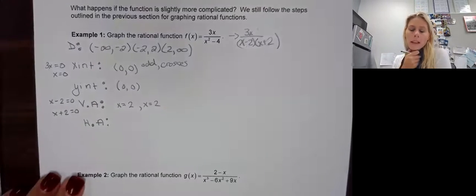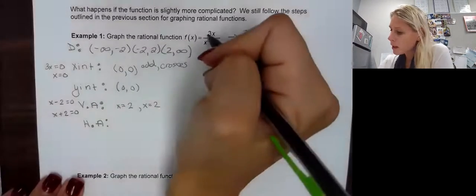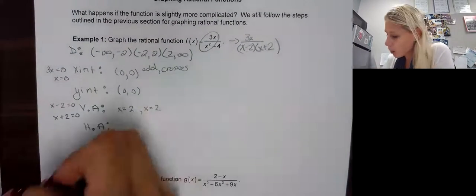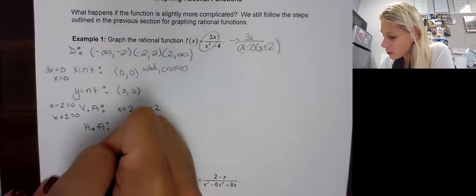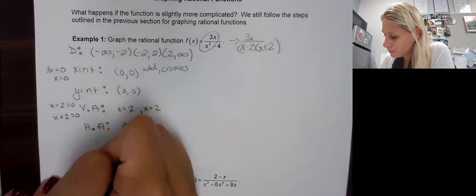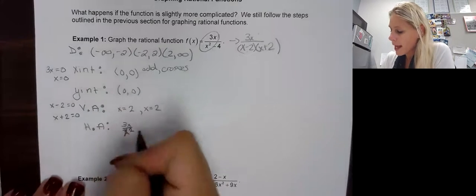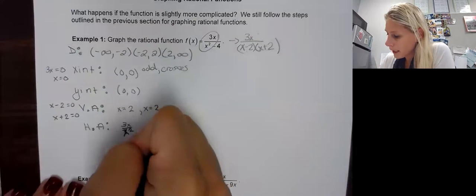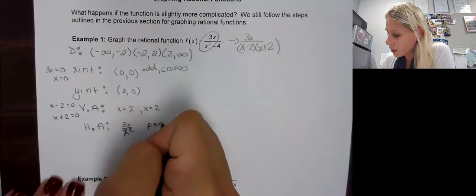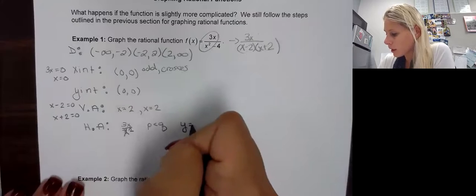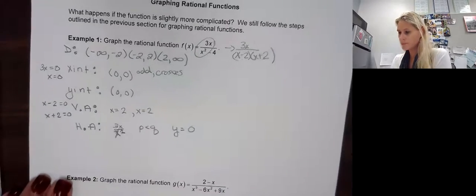Now, if we go back to the original problem, I look at my leading term, which is 3x over x squared. And in this case, our P is less than Q. So that means we have a horizontal asymptote at y equals 0.